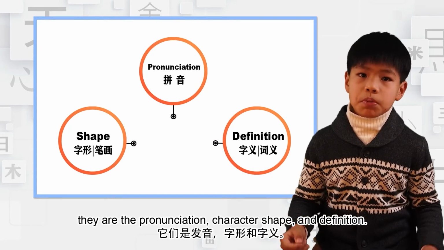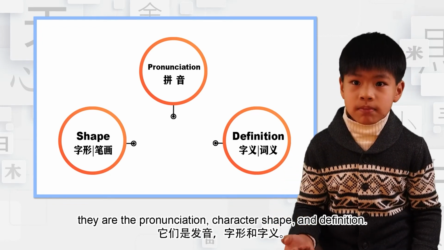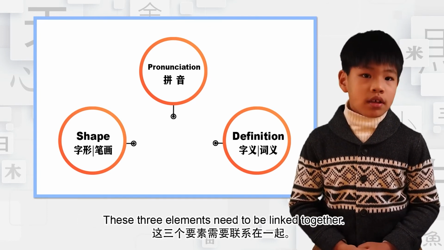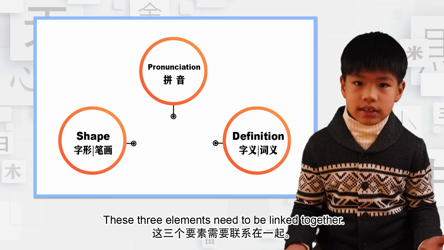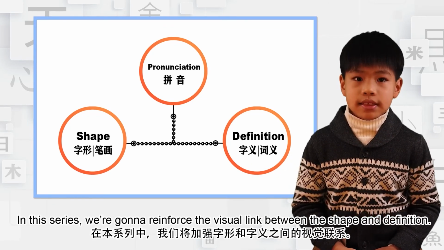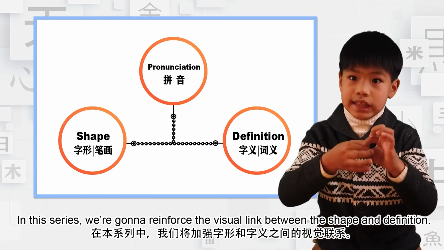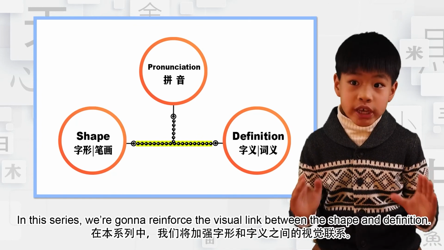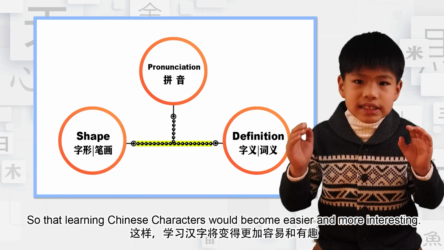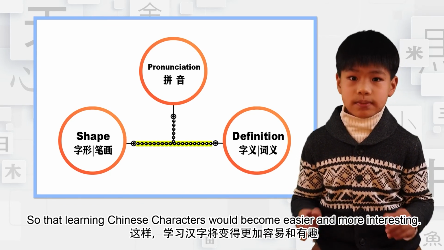They are the pronunciation, character shape, and definition. These 3 elements need to be linked together. In this series, we're going to reinforce the visual link between the shape and the definition so that learning Chinese characters will become easier and more interesting.